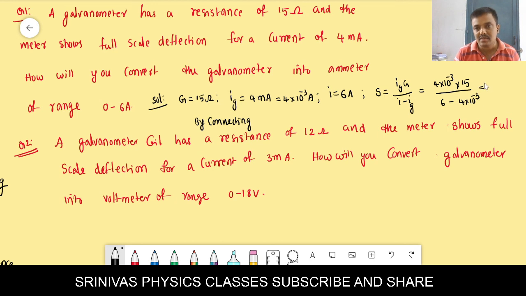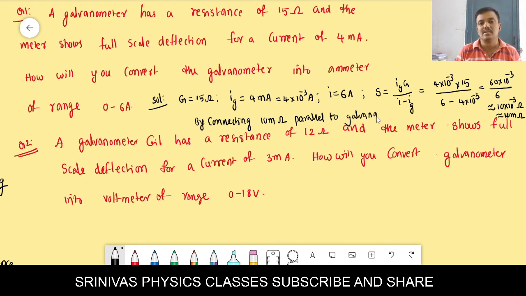You simplify it. 60 into 10 to the power of minus 3 by 6, this is nearly equal to 10 into 10 to the power of minus 3 ohm. Here the value is 10 milli ohm. By connecting 10 milli ohm in parallel to the galvanometer, completed the answer.